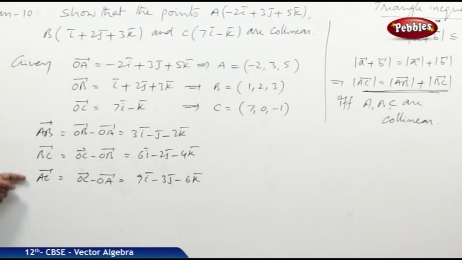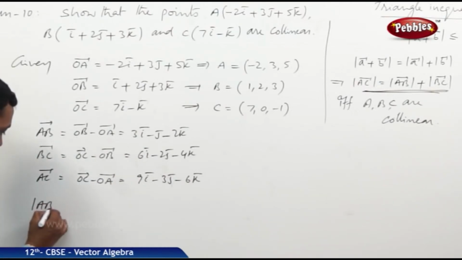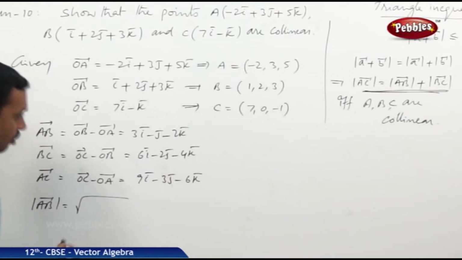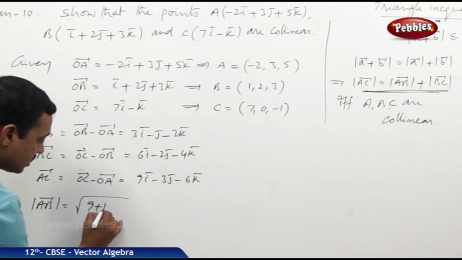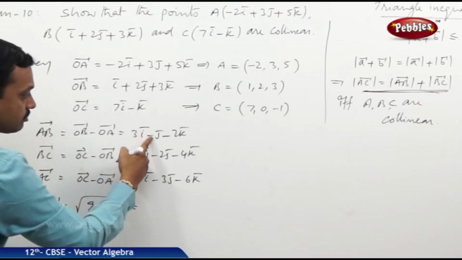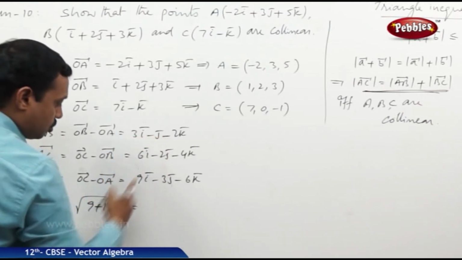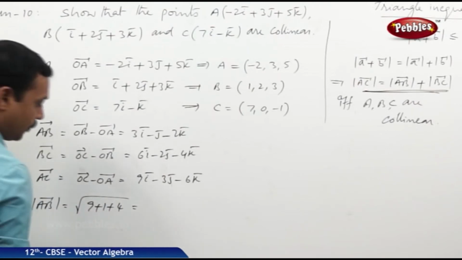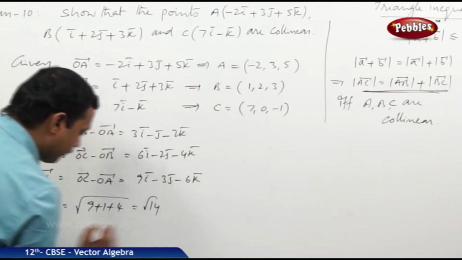Now the three vectors AB, BC, AC are defined. Now let us find the magnitudes of the three vectors. The modulus of AB vector is equal to root over 3 square plus minus 1 whole square plus minus 2 whole square, which is root over 9 plus 1 plus 4, that is root 14.